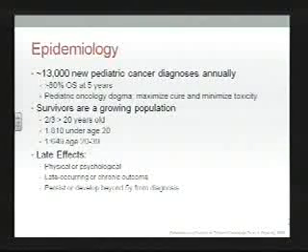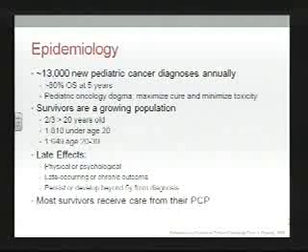They can be physical, psychological, and they can occur shortly after therapy or quite a bit down the road. And they're defined as these effects that occur 5 years from diagnosis. Another important point to bring up is that most survivors do receive care from their primary care physician. There is a gravitation that occurs from the oncology community back into the general practitioner realm.